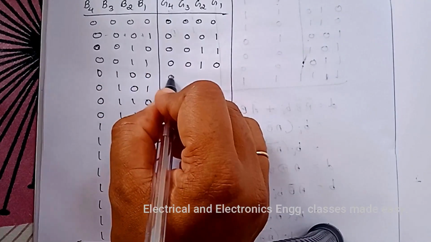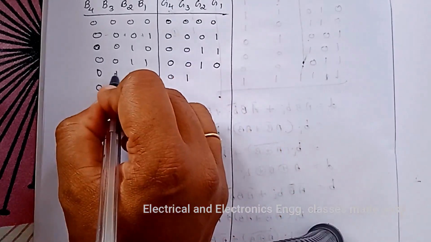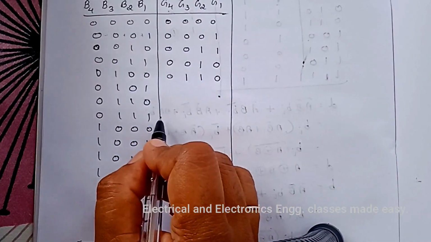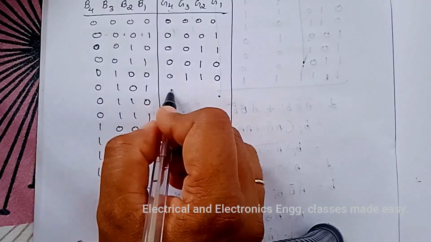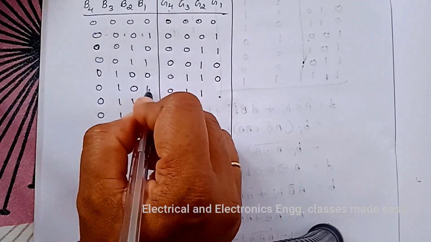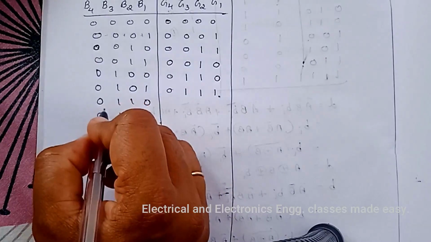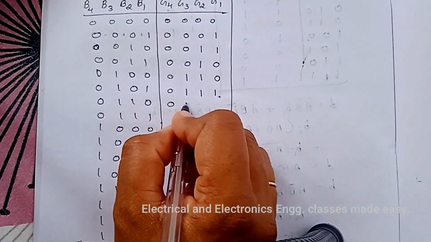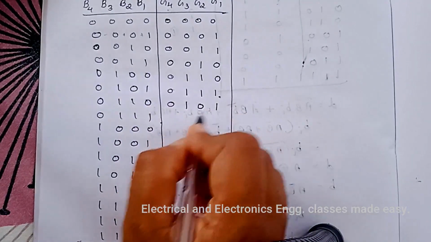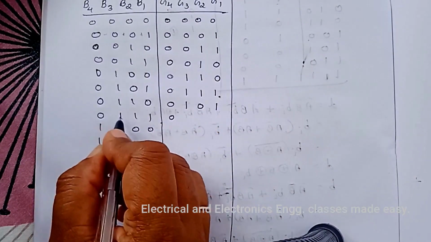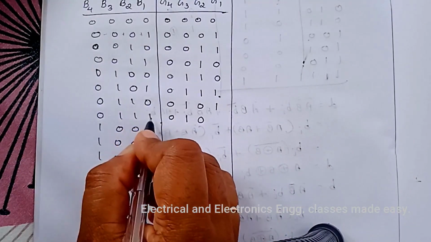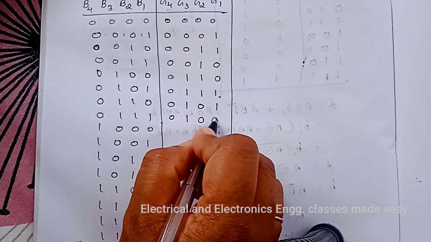Then 0, 0 plus 1 is 1, 1 plus 0 is 1, 0 plus 0 is 0. Next, 0, 0 plus 1 is 1, 1 plus 0 is 1, 0 plus 1 is 1. Then 0, 0 plus 1 is 1, 1 plus 1 is 0, 1 plus 0 is 1. Again 0, 0 plus 1 is 1, 1 plus 1 is 0, 1 plus 1 is 0.